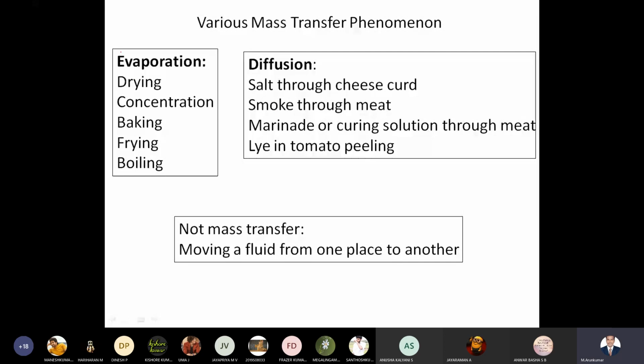For a particular amount of substance, the mass difference during the phase change is called mass transfer. So just don't get confused.